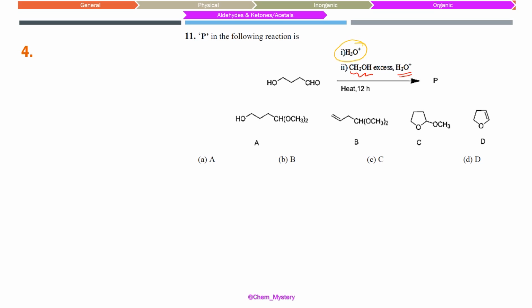And for the second step, they are saying we need to heat it for 12 hours. Then we are getting some compound P. We are being asked what this compound P can possibly be. So we'll be ultimately getting here the compound C.